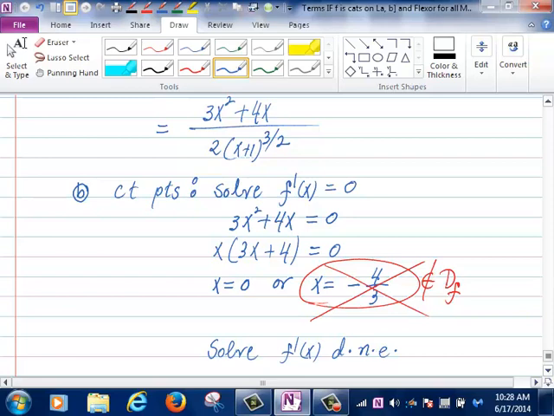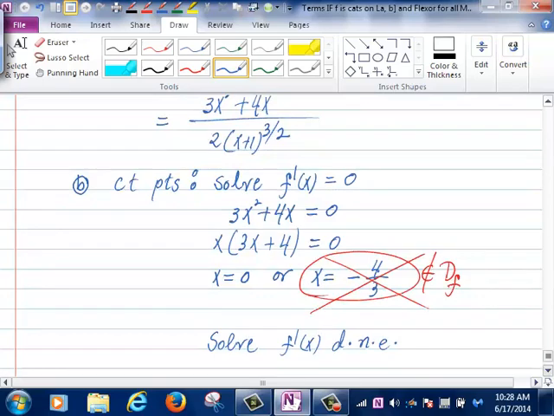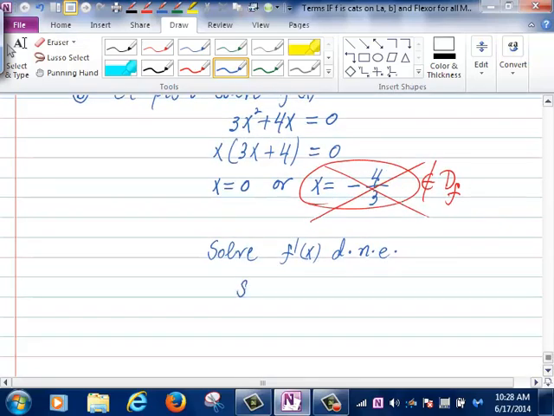But if I look at the derivative function, the only place where that's undefined is when x is -1, right? However, -1 is not in the domain. The domain is from -1 up to infinity. We already looked at what happens to the right of -1, so we don't have to worry about -1 anymore. Okay, so no solution in the domain.